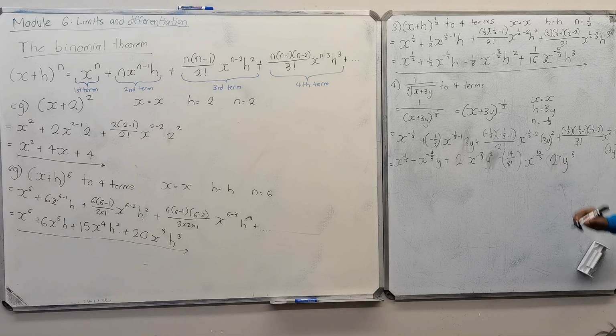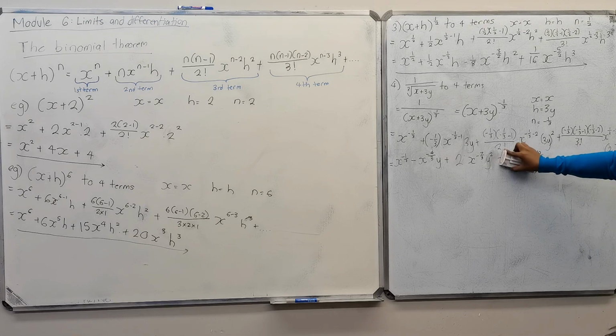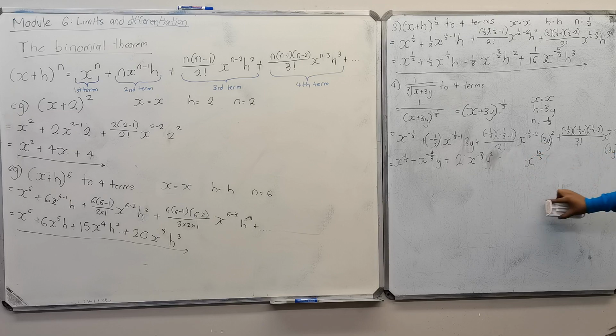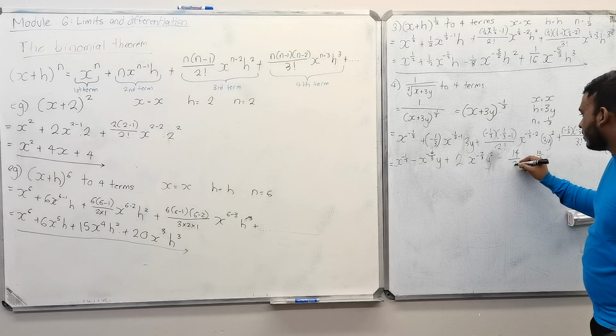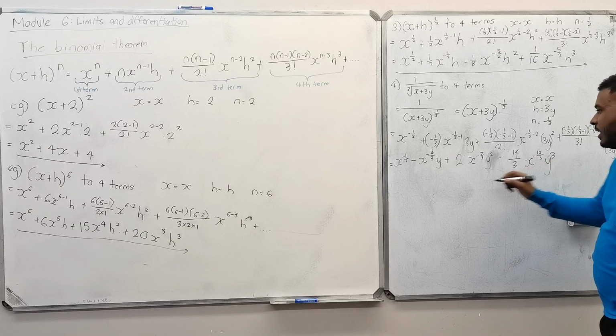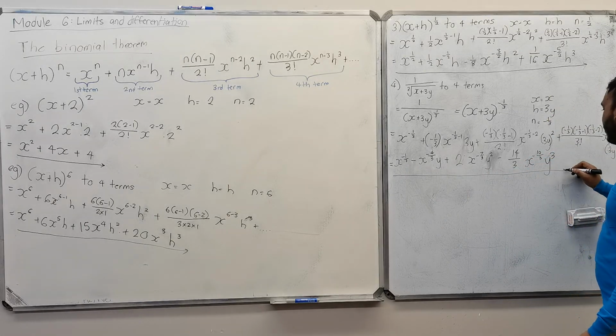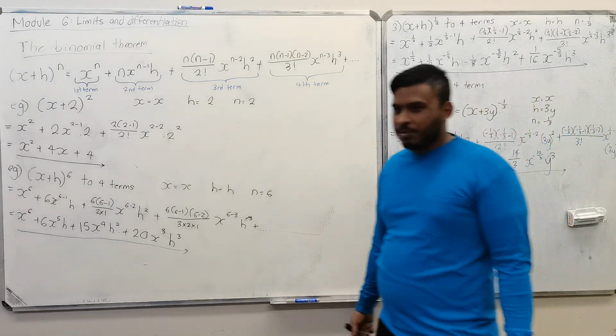Remember this constant can get multiplied to that 27. 14 over 81 times 27. 81 is 3 times 27, so 14 over 3. And then this will be 4 times.